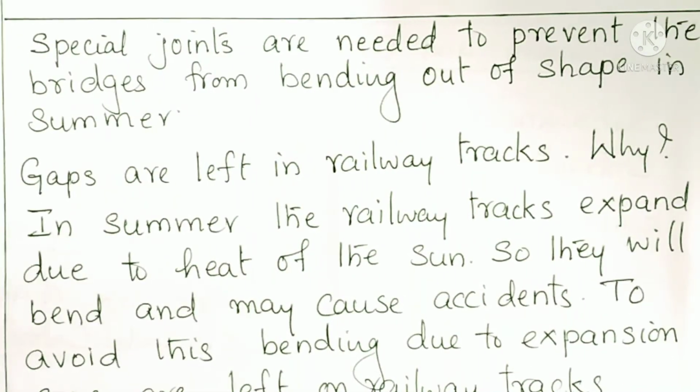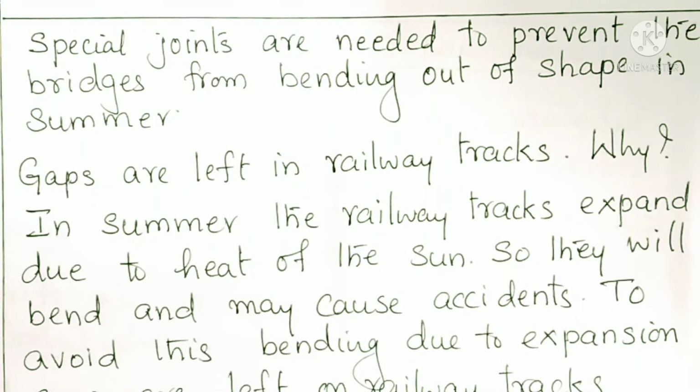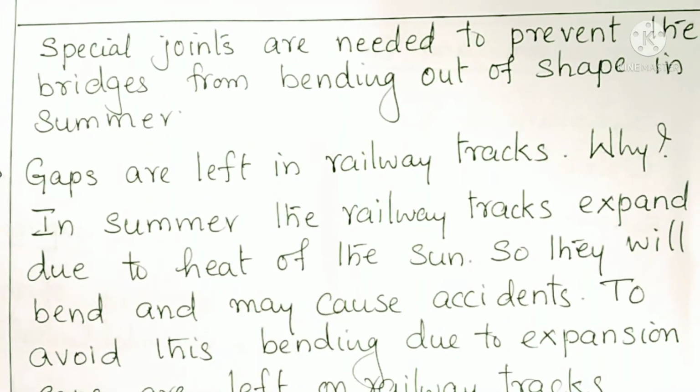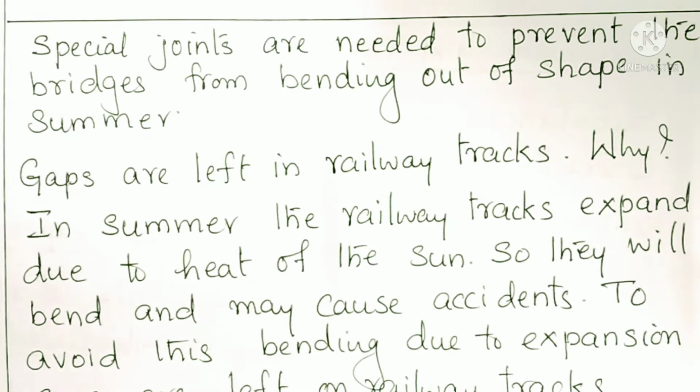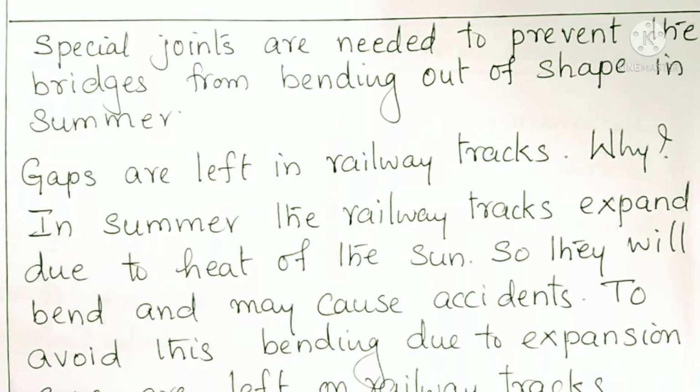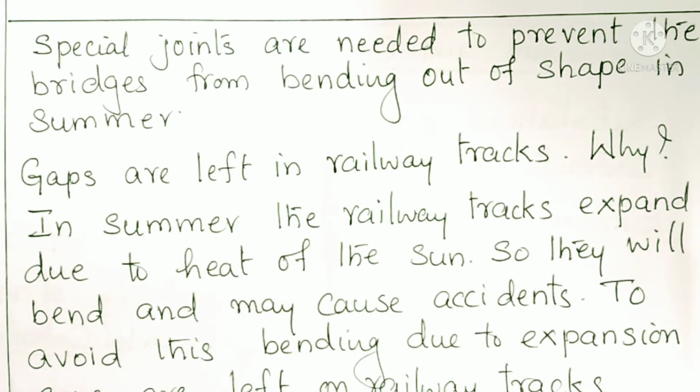Now, we discussed how expansions and contractions are used in our day-to-day life. Now, everything has positive and negative sides, right? We say every coin has two sides. Similarly, every property also has positive effects and negative effects.